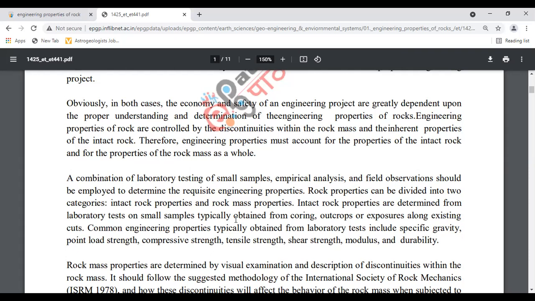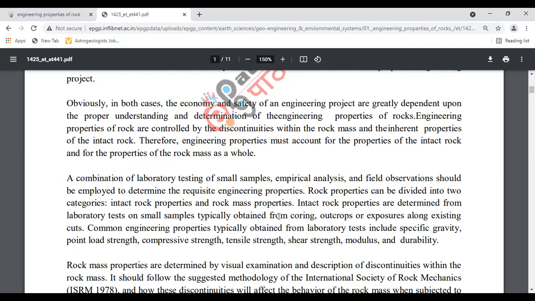A combination of laboratory testing of small samples, empirical analysis, and field observations should be employed to determine the requisite engineering properties. Rock properties can be divided into two categories: intact rock properties and rock mass properties.